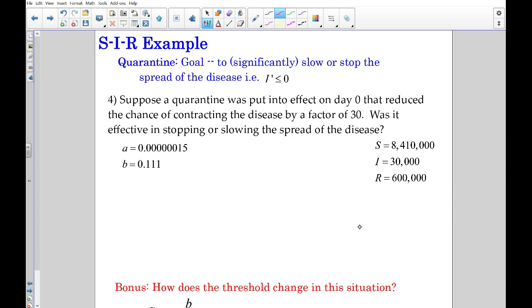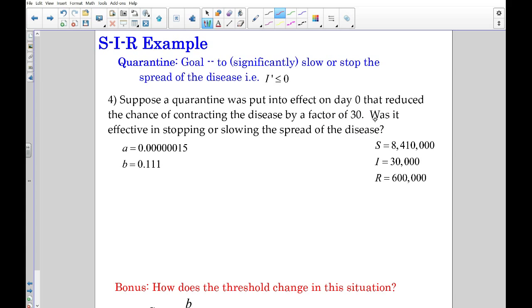And then lastly, sometimes a quarantine may be put into place. So if it was put into effect on day 0 and it reduced the chance of contracting the disease by a factor of 30, was it effective in stopping or slowing the spread of the disease?